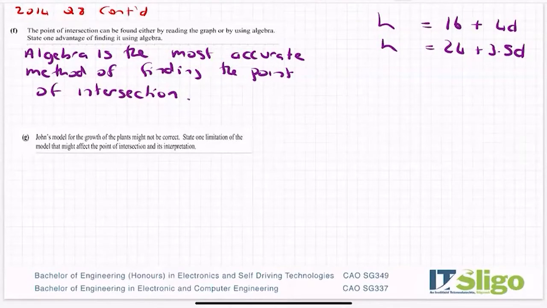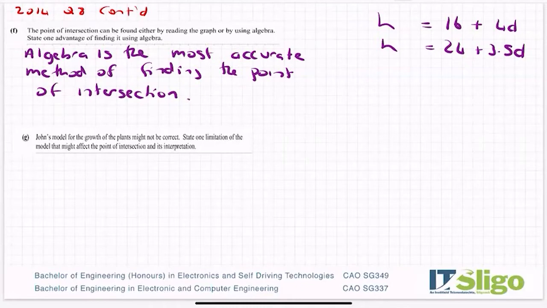Part G then, this was the last part in this question. John's model for the growth of the plants might not be correct. State one limitation of the model that might affect the point of intersection and its interpretation. So the last part of a question, not always very mathsy, and this is one case of that. Why is his model not correct?